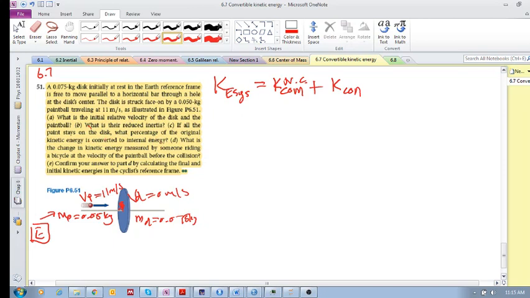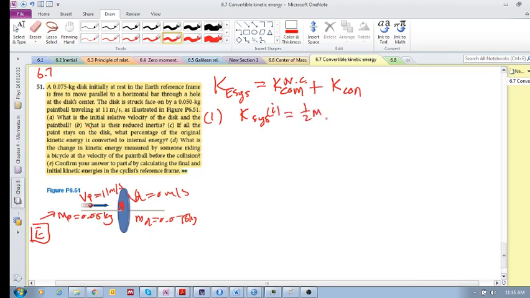So I want to stay here and look at this in a few different ways. The first thing is just from first principles. If we look at the system kinetic energy before collision, let's call that initial, what is that equal to?